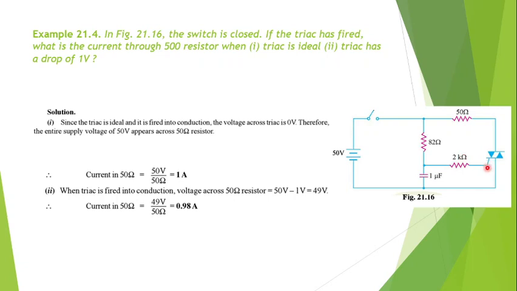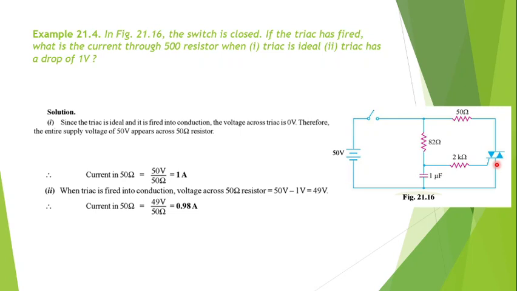Now we have to find, when this triac is fired, that is when it is turned on, what is the current that flows through this 50 ohm resistor, in two cases: in the first case when the triac is ideal, and in the second case when the triac has a voltage drop of 1 volt.